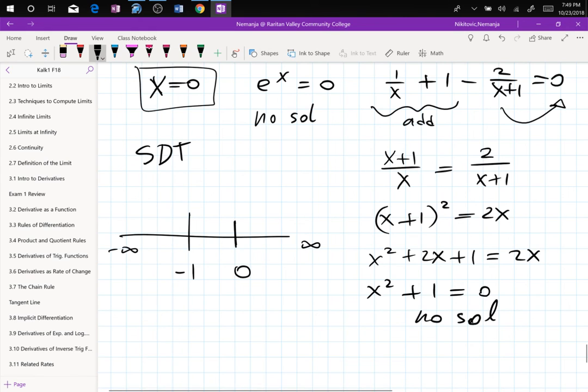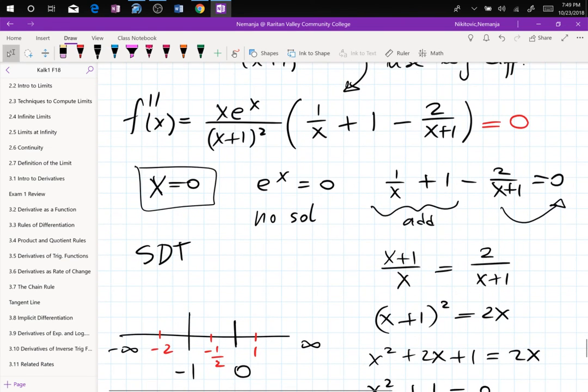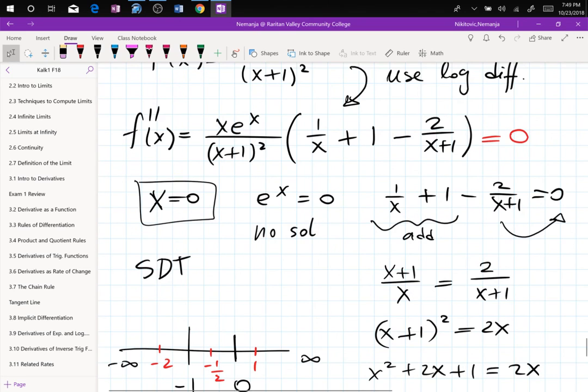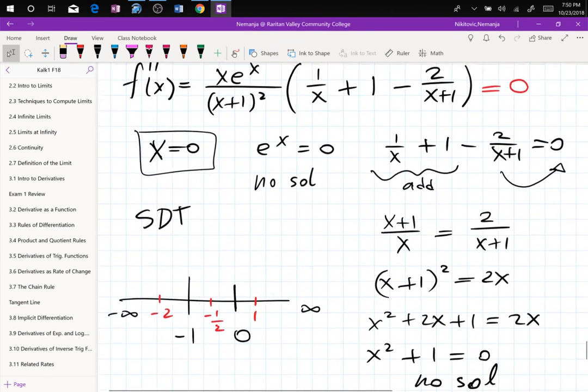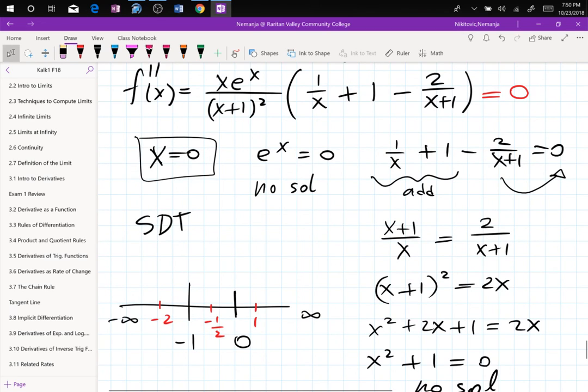So once we have the partition values, then we have test values: -2, -1/2, and 1. Those are the test values. And now we check this in the second derivative. Note that the second derivative is, for lack of a better word, very interesting, right? Do we care about the value?